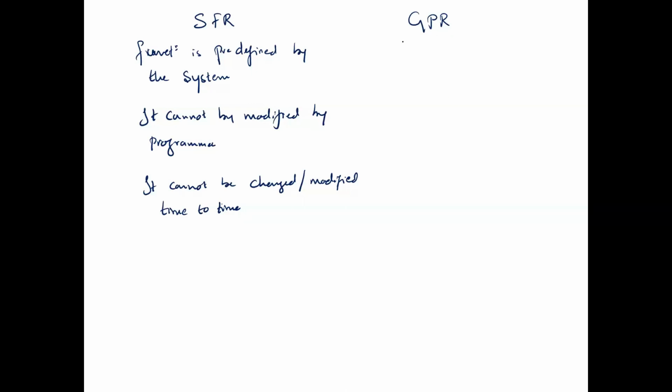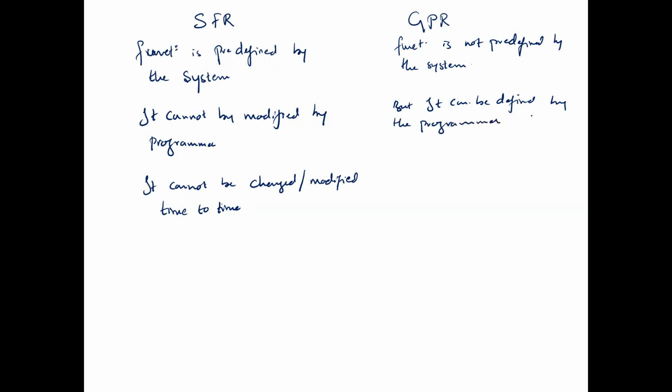Whereas for GPR, the function is not predefined by the system. However, it can be defined by the programmer.